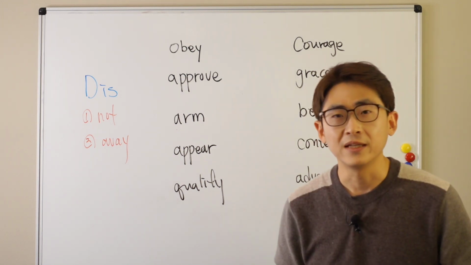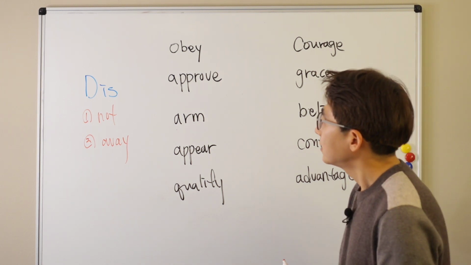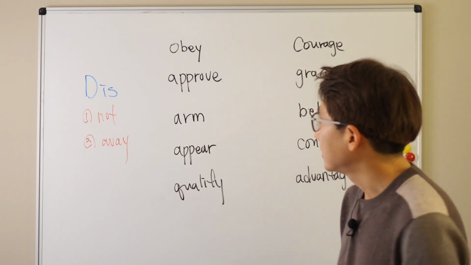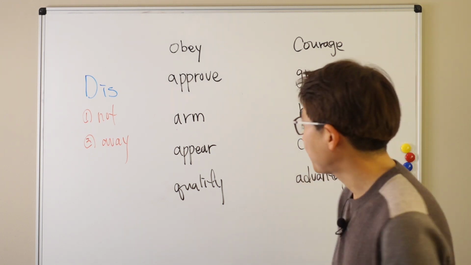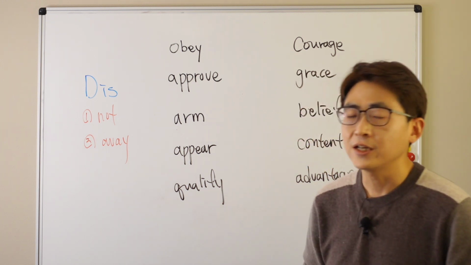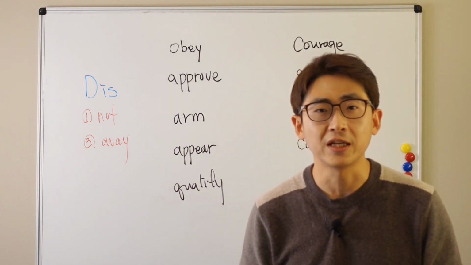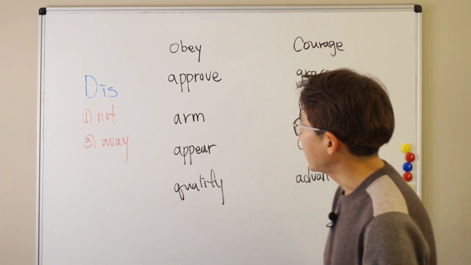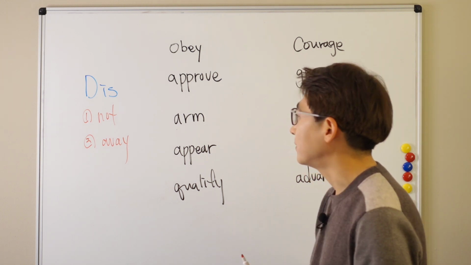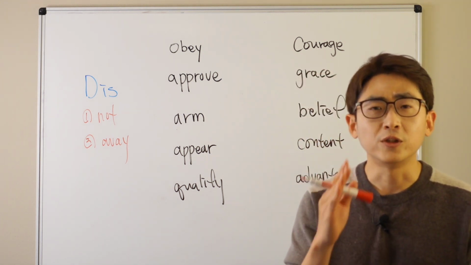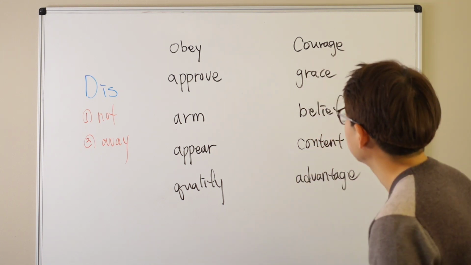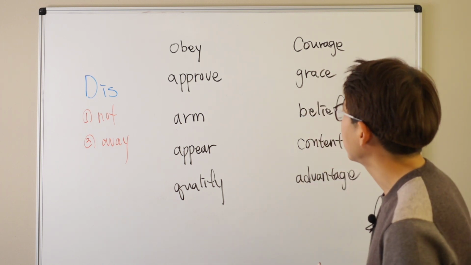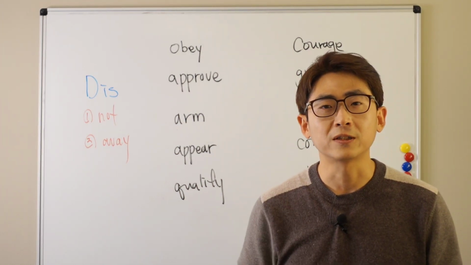And appear meant show up, to be there, but by adding this it meant go away, to vanish. And qualify meant to be eligible for a competition or university admittance, and by adding this in front of that, disqualify meant you're no longer eligible. And courage meant a strong heart to do something, and discourage is to take that strong heart away from you.